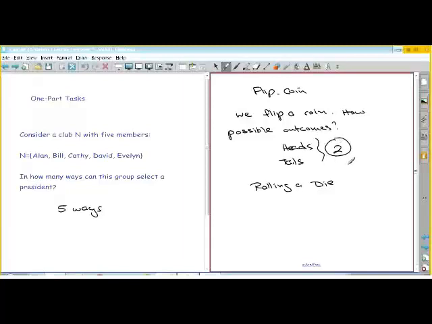Now rolling a dice or die. I always get confused which I'm supposed to say, so if I say it wrong, I apologize. If you roll a dice, how many different possibilities are there? There are 6, because there's 6 sides of a dice.